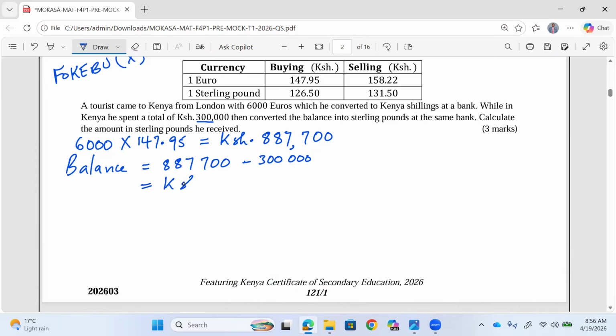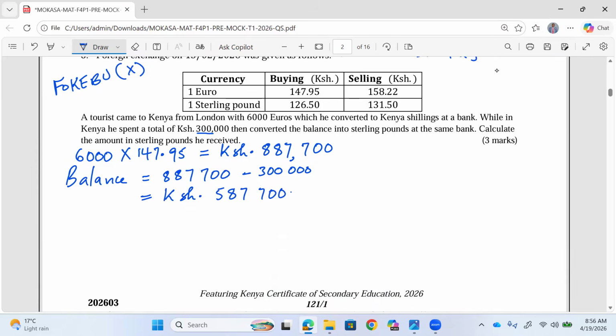So now the balance in Kenya shillings shall be exactly 587,700. So this is the amount in Kenya shillings that the tourist will be having while going to the bank, so that there is an exchange once again.